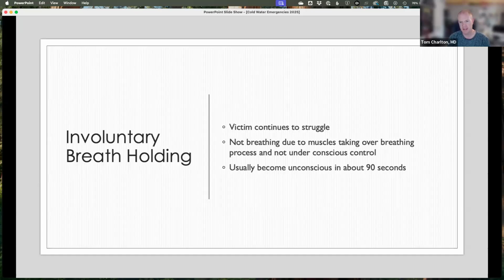This usually lasts about 90 seconds or less. Obviously, it depends on how healthy the person is, whether they got a full breath before going under, etc. But thankfully, patients will go unconscious relatively quickly, so they're not experiencing the rest of this.